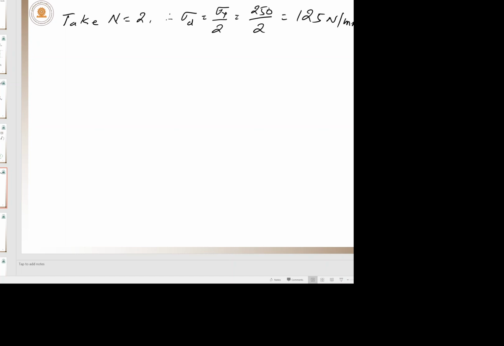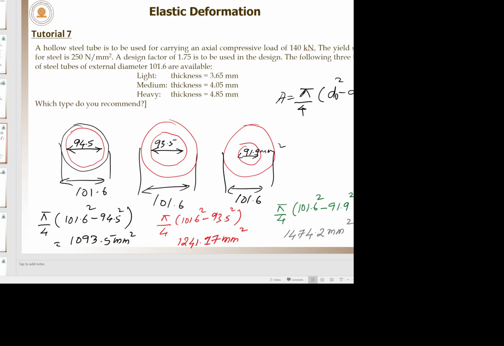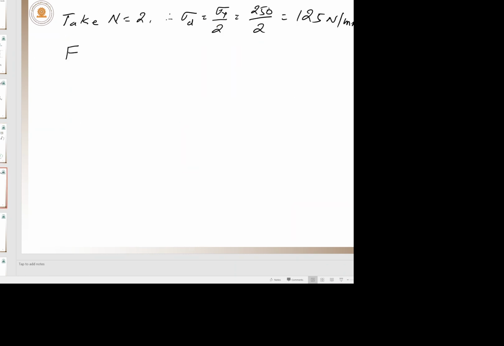Okay, so now you know the areas. He has given me the value of force also, correct? A design factor of 1.7, oh sorry, 1.75 he has used. I made a mistake here. I took it as 2. Please remove this. So what will this value be?